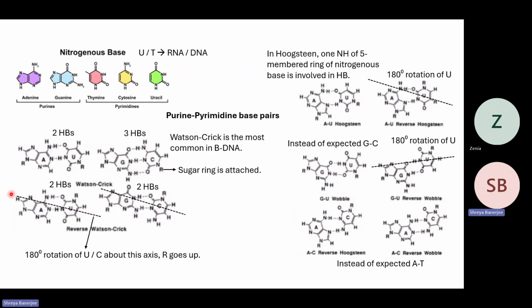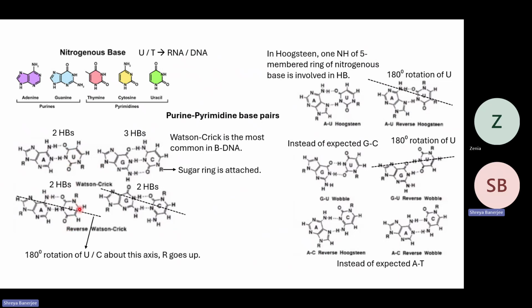Now, if we consider an axis like this shown by the dotted line, and the U or the thymine residue is rotated around this dotted line. That means this NR, which was pointing down in the Watson-Crick base pairing, is now pointing up. So just imagine it is flipped by 180 degree along this line. So the U is flipped like that.